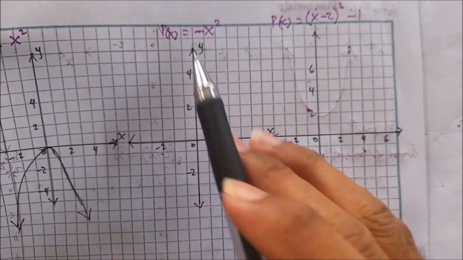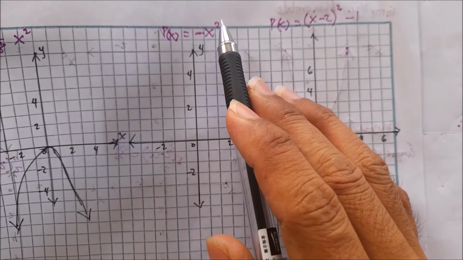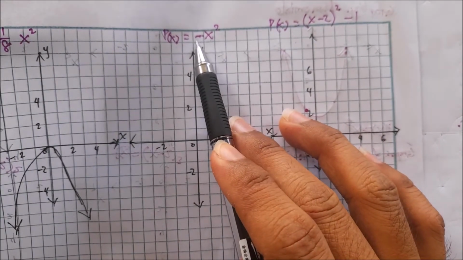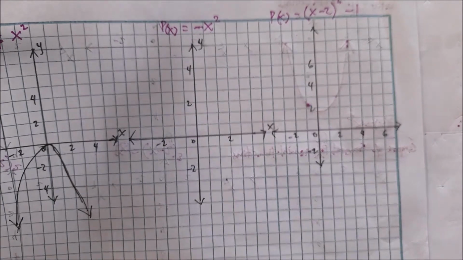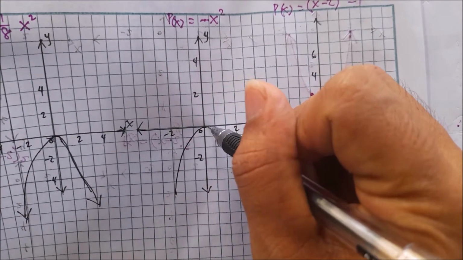Another example: p of x equals negative x raised to 2. The equation again has a negative coefficient, so the form of the graph is downward.